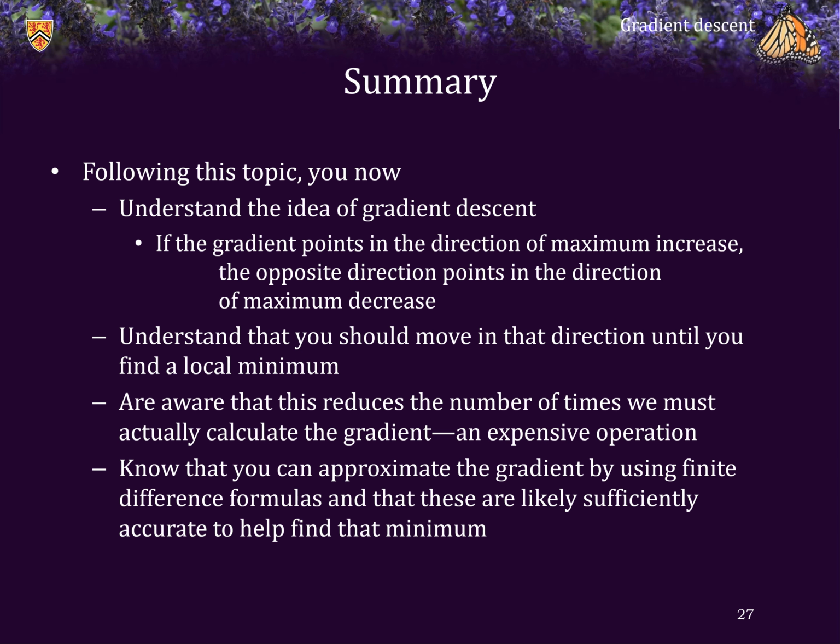You understand that we should then use algorithms we've already looked at to find a minimum in that direction. You are aware that using this approach reduces the number of times that we must actually calculate the gradient, which is an expensive operation, and thus this is reasonably efficient. You also know that you can approximate the gradient by using finite difference formulas, and that these approximations of the gradient are still likely to be sufficiently accurate to help find any local minimum.